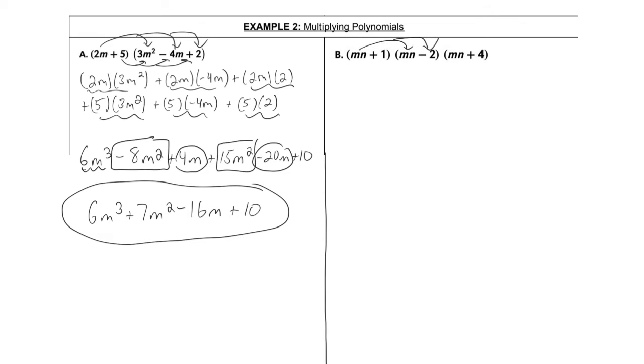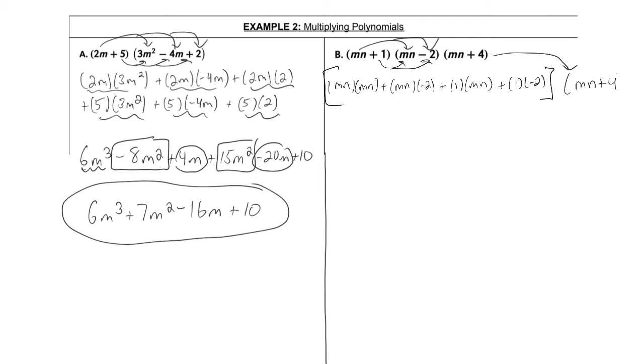So we get mn times mn plus mn times negative 2 plus 1 times mn plus 1 times negative 2. And then we also have our mn plus 4 at the end.